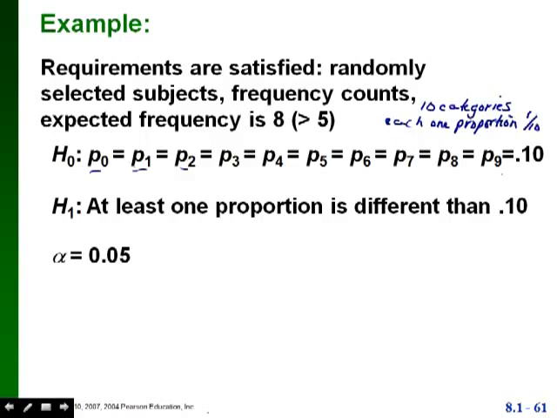So our null hypothesis is that the proportion for each of the 10 categories, for each of the 10 digits, is 1/10 or 0.10. Our alternative hypothesis is just the opposite of that, which would say that at least one of these proportions is not 0.10. And the problem gave us our alpha of 0.05.